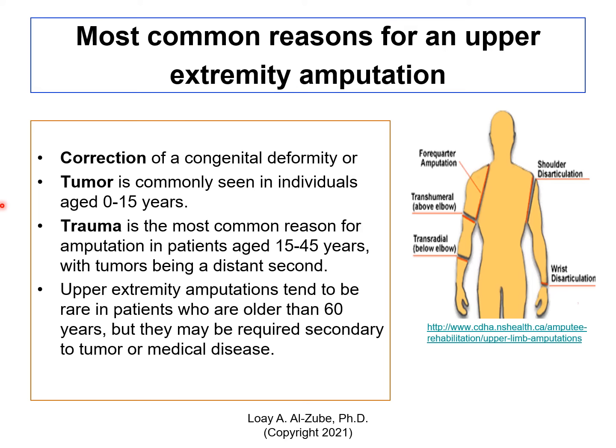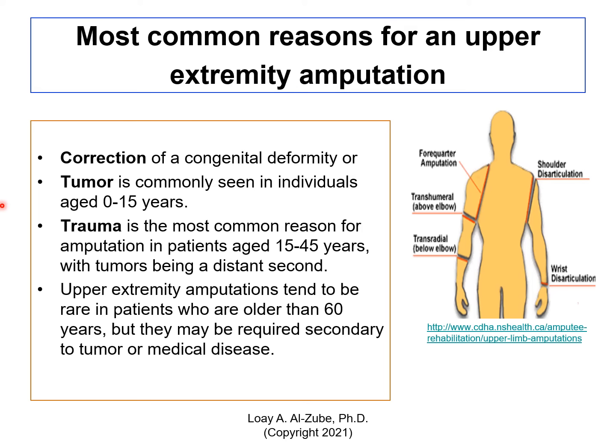And then we have upper extremity amputations tend to be rare in patients who are older than 60 because if a person reaches 60 years old, their genetic map is actually healthy, so they don't have tumors. And they'll be more careful and move, so they don't drive fast and do these other things.